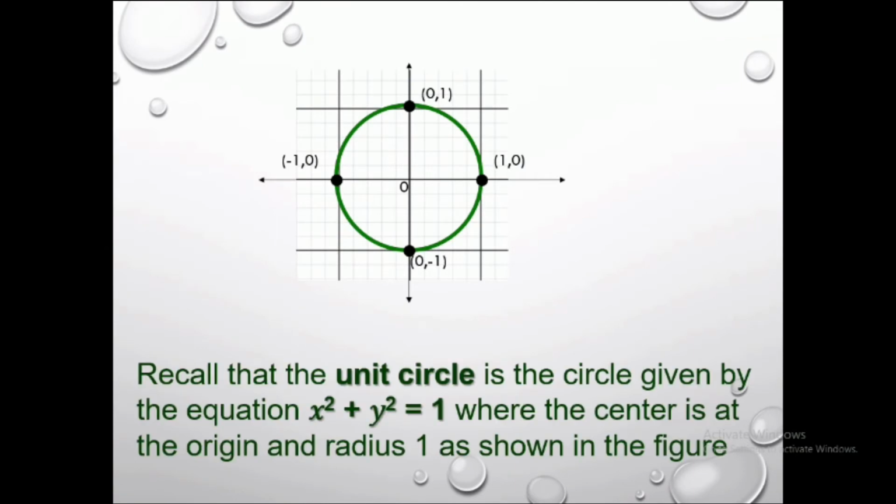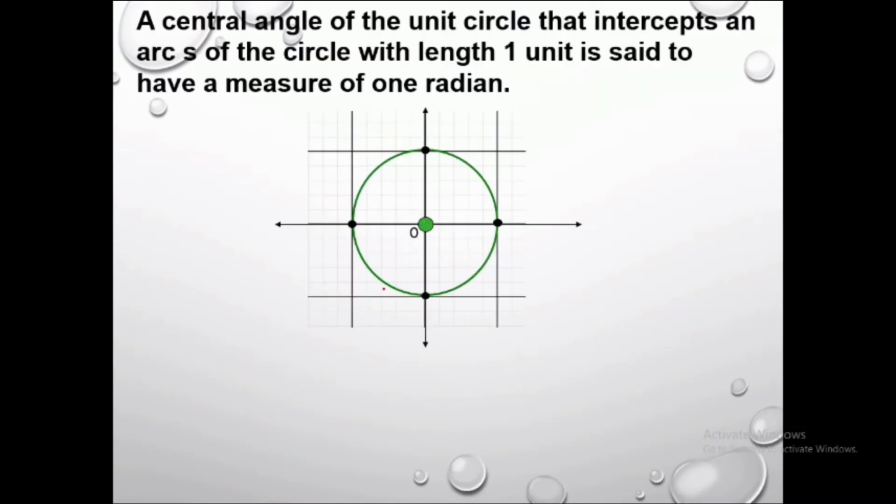Recall, the unit circle is the circle given by the equation x squared plus y squared equals 1, where the center is at the origin and radius 1 as shown in the figure. A central angle of the unit circle that intercepts an arc S of the circle with length 1 unit is said to have a measure of 1 radian.